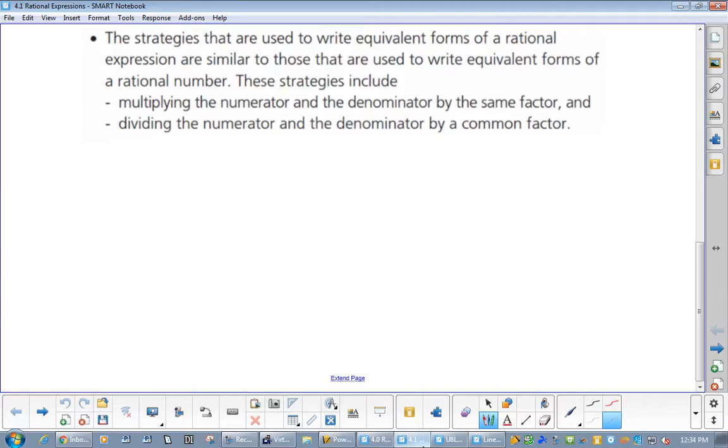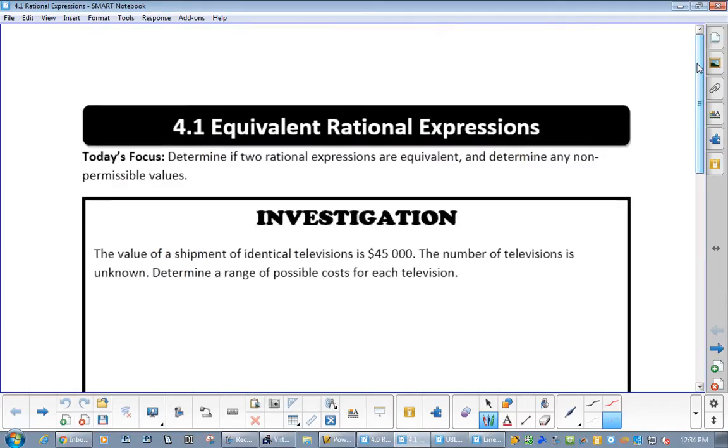Now we want to move to 4.1. So what we're dealing with for this whole unit is rational expressions. Now, this is not a rational number.